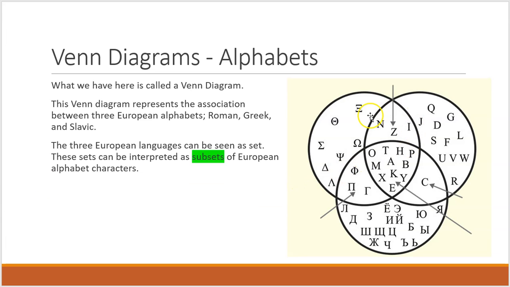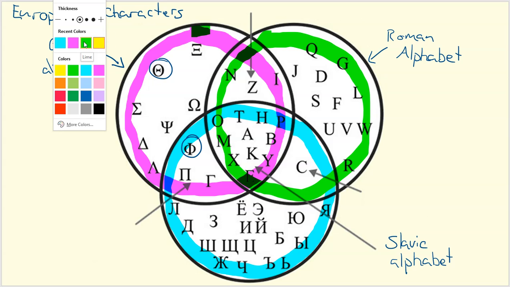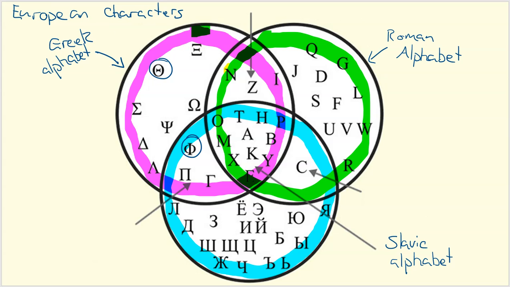Now, where these cross over, notice that there are common letters between the Greek and the Roman, which are here. I will shade those in yellow. So we've got N, Z, and I, or if we're Greek speaking, we would say that that is, I believe, eta, zeta, and iota.